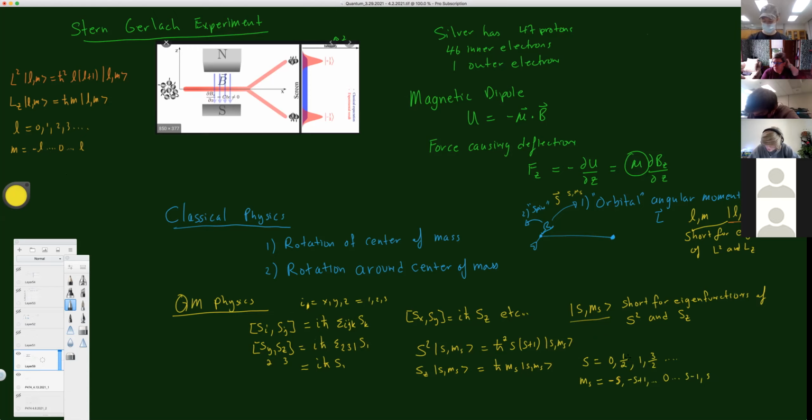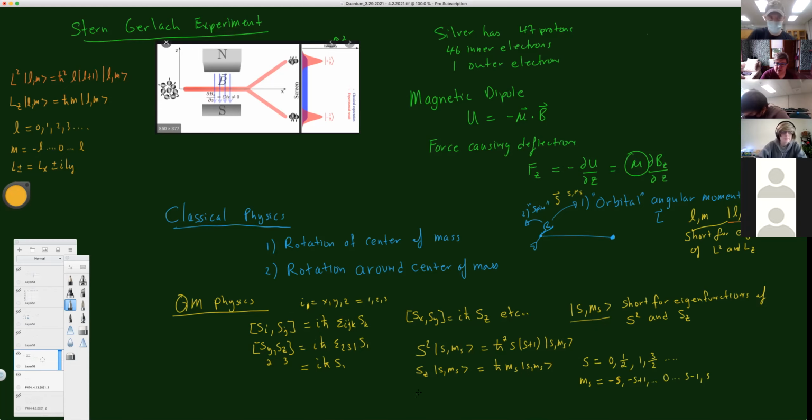And in fact, remember that we had our L plus-minus operators, our ladder operators, which were L_x plus-minus i L_y. We have similar operators here.